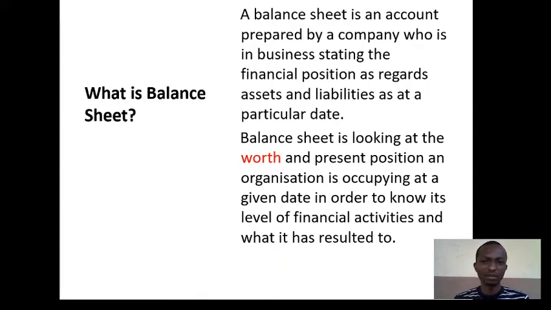Now, if a company in business wants to acquire another company, the first point of call is to look at the balance sheet. Let us see what is the level of assets and what is the level of liabilities. There are other ratios you also compute to value the business, picking your parameters from the balance sheet.